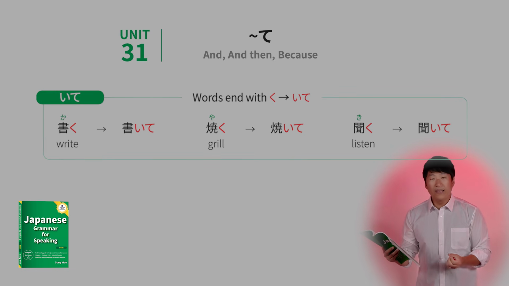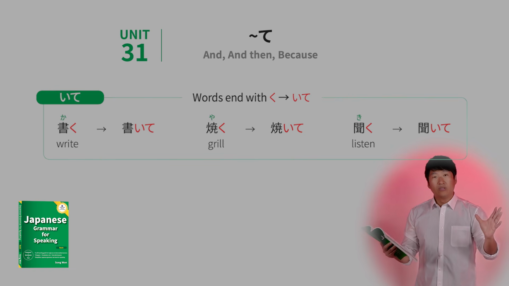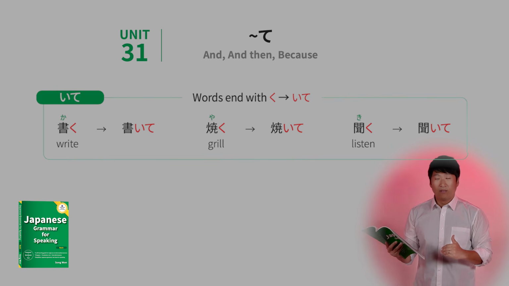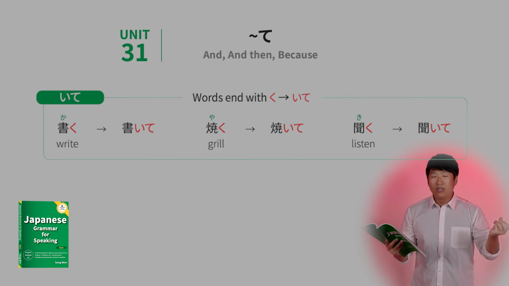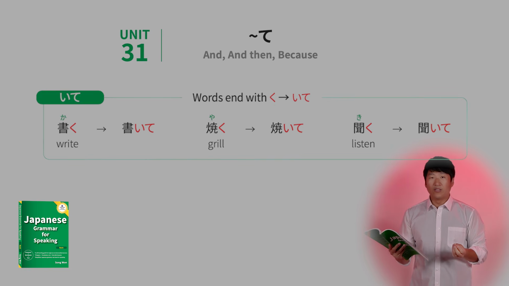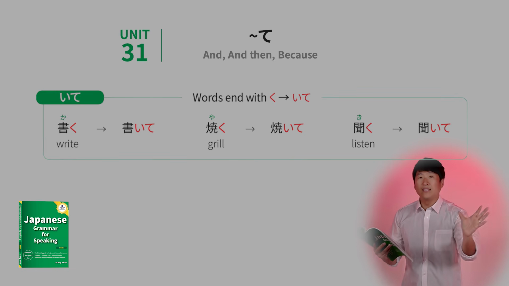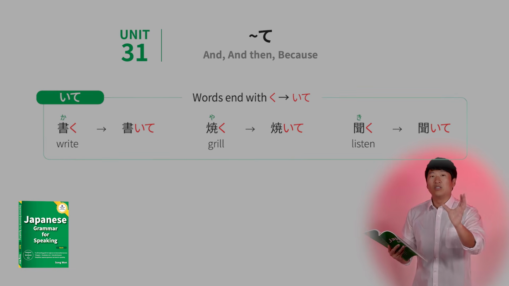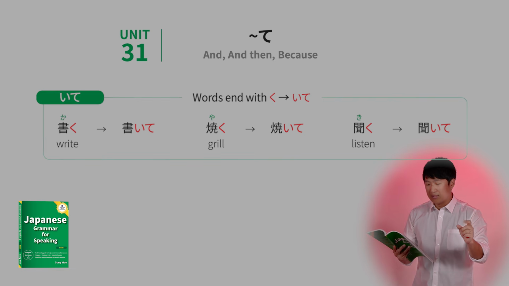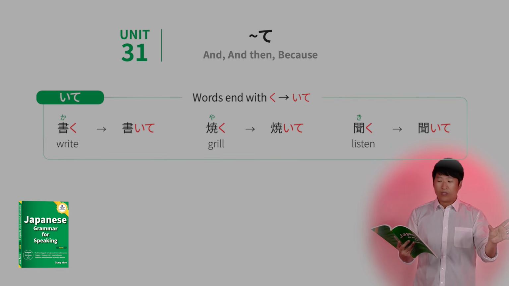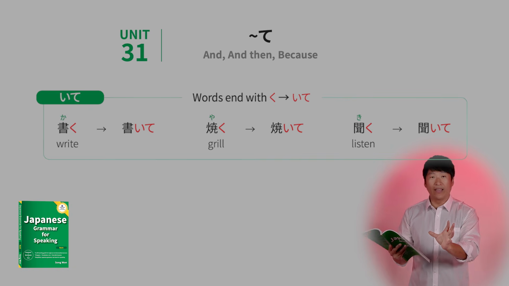So words ending with ku, change this ku to ite. All right. For example, kaku, this word is finished with ku, right? So kaku, kaite, ku, ite. Remember that. Another example, yaku, grill, which means yaite.